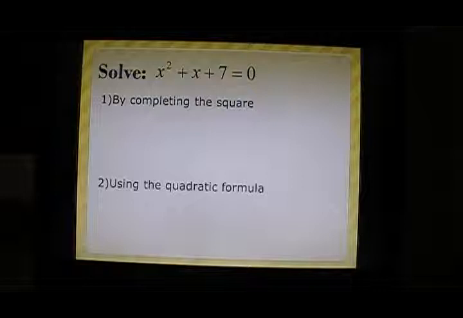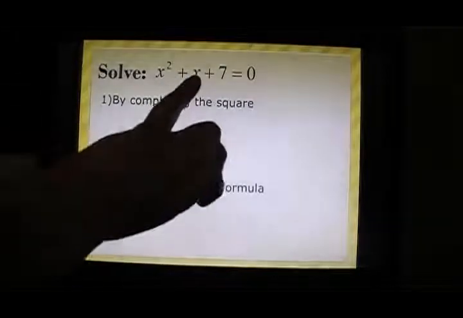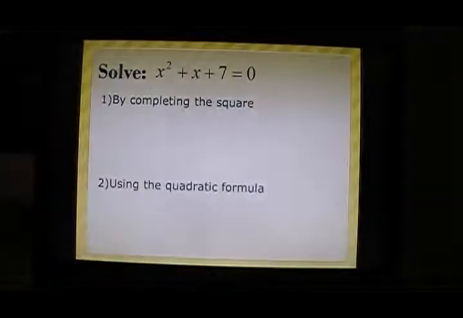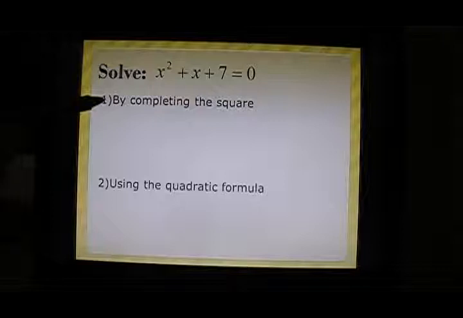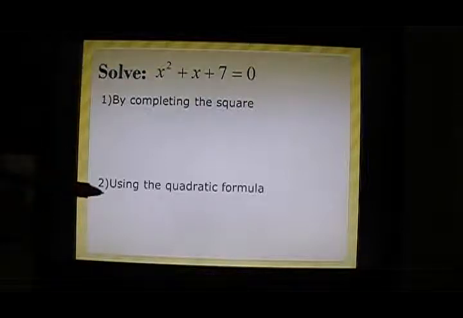And because it's not factorable, I'm not going to be able to solve using the factoring method. Also, because of this x term, I can't just do simple manipulations to get it in the form of something squared equals a number, which is necessary to solve by extracting the root.